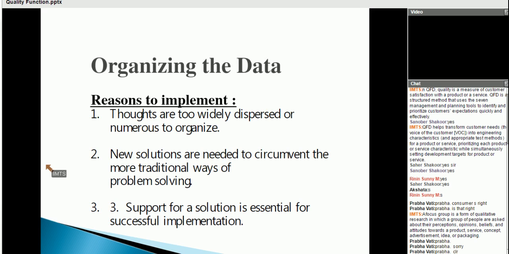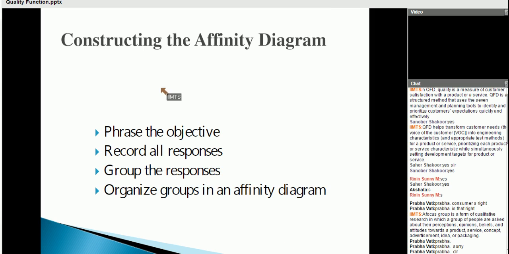Organizing the data. Why do we need to implement these? Thoughts are too widely dispersed or numerous to organize. New solutions are needed to circumvent the more traditional ways of problem solving. Support for a solution is essential for successful implementation. These are the phases for constructing the affinity diagram, the diagram which I was discussing with you. Phase: the objective, record all responses, group the responses, organize groups in an affinity diagram.